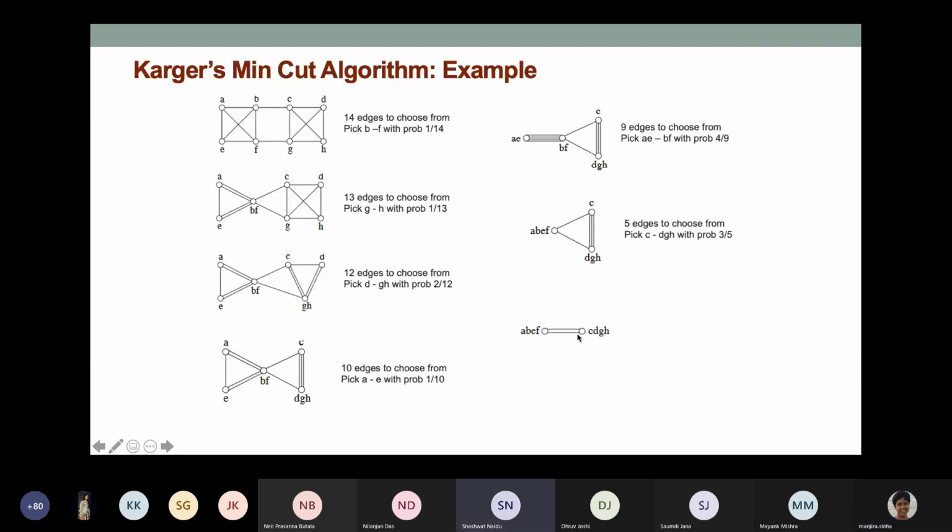Ma'am, then can we ensure that always the final answer will be ABF and EDGH? It could have been a different form of clusters, maybe. I think that we can ensure, because in min cut, that is the whole point. Otherwise, it won't be a min cut algorithm, right?